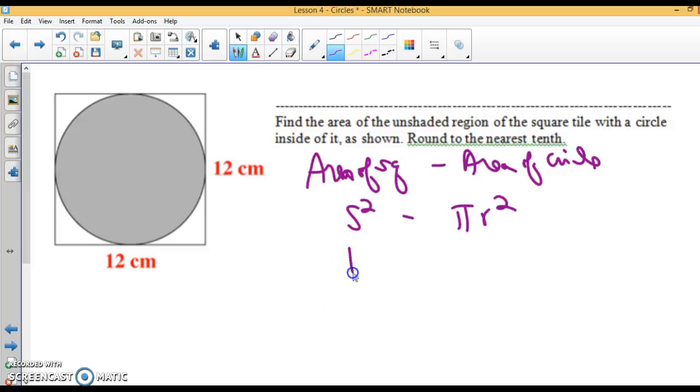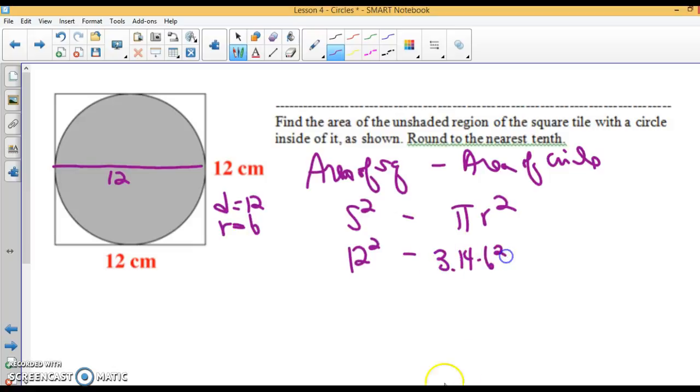So, this will be 12 squared, because the side is 12. Now, this is tricky. This whole thing from here to here is 12. So, that's a diameter. So what will our radius be? It'll be 6. So, 3.14 times 6 squared.